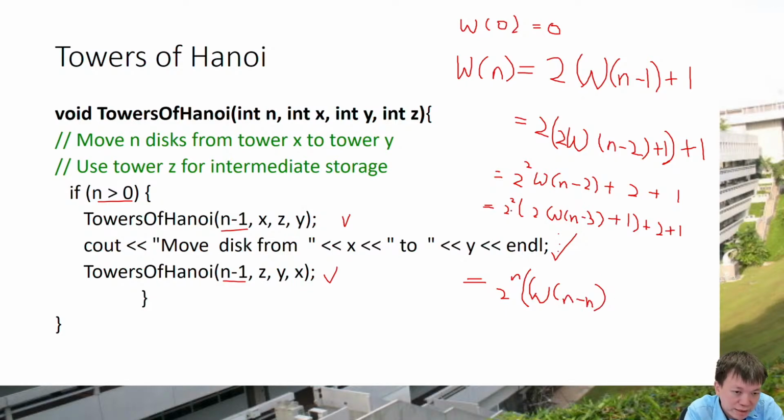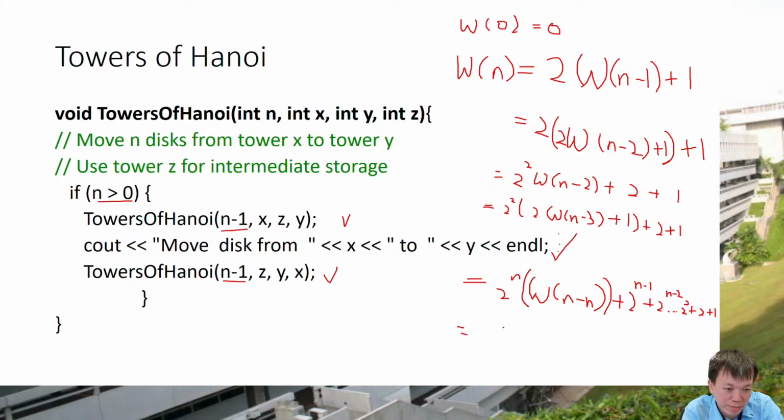Then you will find that this is 2 to the n-1 plus 2 to the n-2, and so on, down to 2 power 3, 2 power 2, 2 power 1, 2 power 0. So that is the complexity.